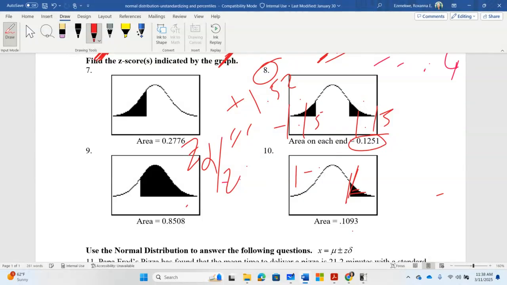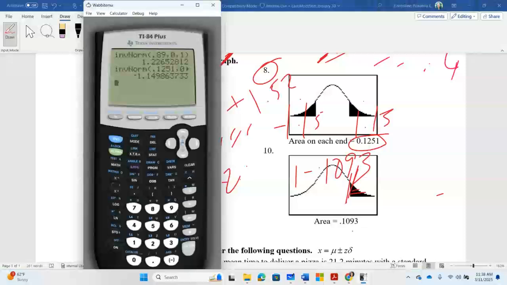So 1 minus 0.1093. I can go ahead and type it in the way it is in my calculator. Number 3. So 1 minus that area to the right given to me.